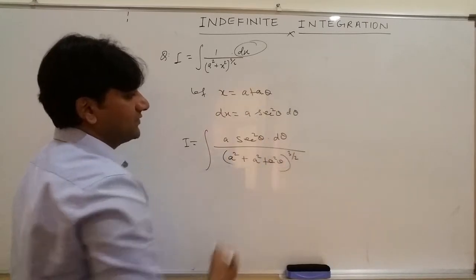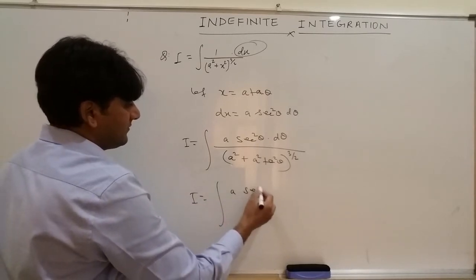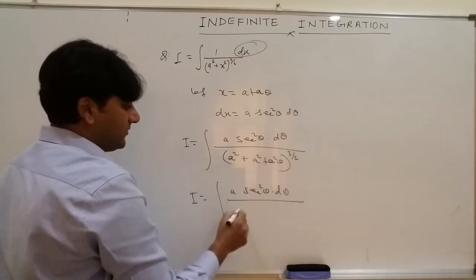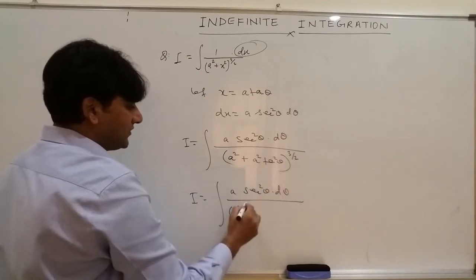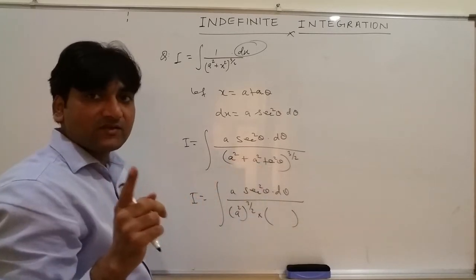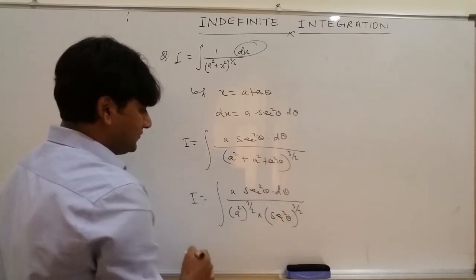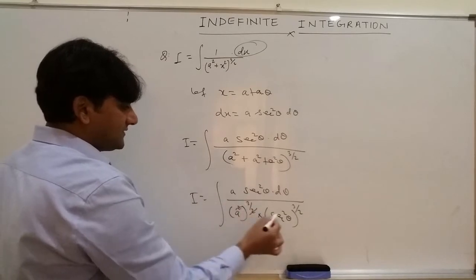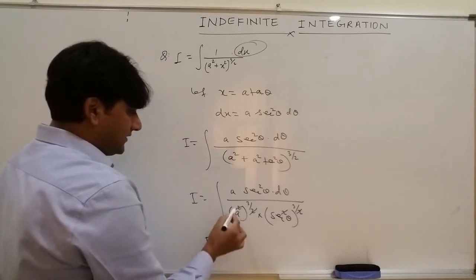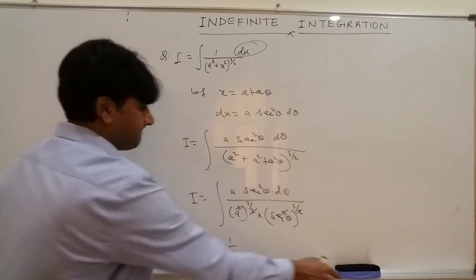Then in the denominator, a square we can take common, so a square raised to 3 over 2, times 1 plus tan square theta. 1 plus tan square theta is sec square theta, raised to 3 over 2. So this 2 and this 2 got cancelled. So we got a cube in the denominator, and a over a cube, which means 1 over a square.